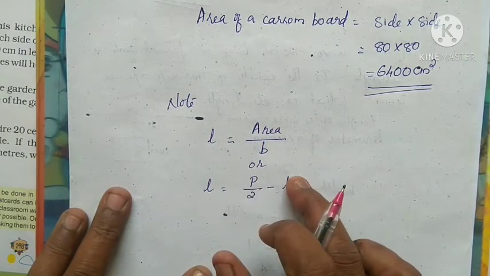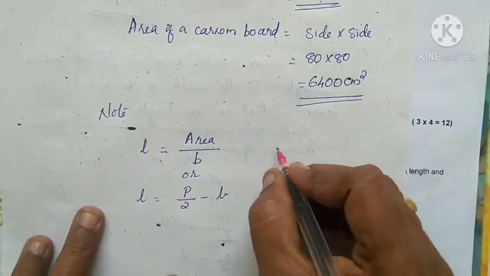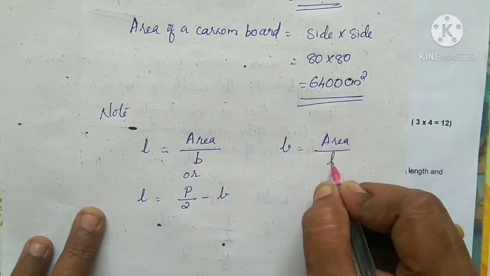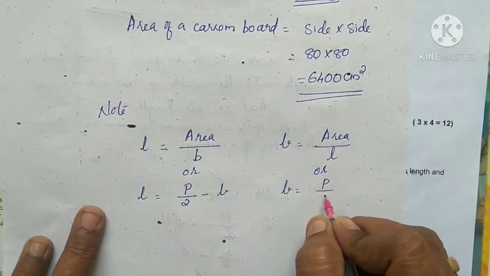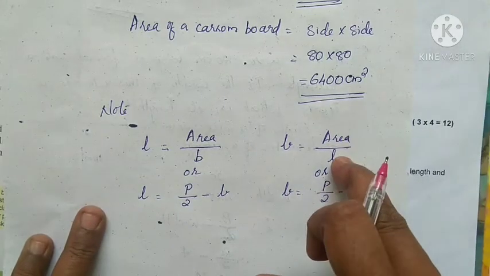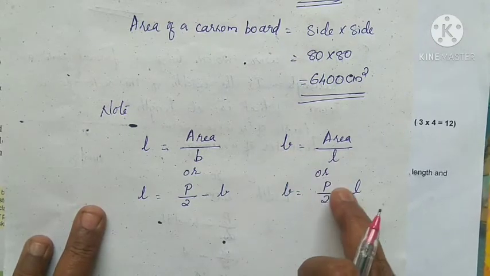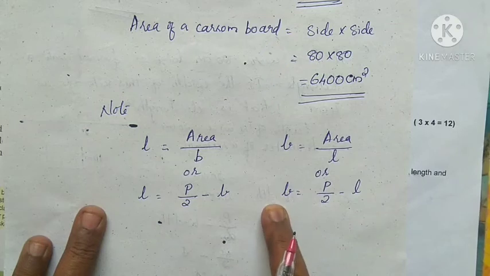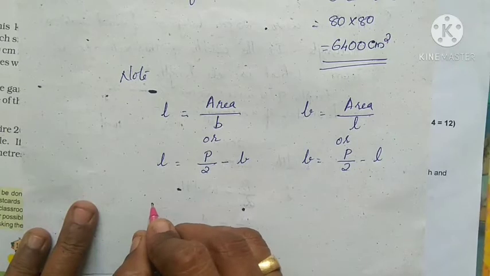If the perimeter and breadth are given, we use the second formula. Another option, breadth. Area divided by length. Or another option, breadth is equal to perimeter divided by 2 minus length. If the area and length are given, we use the first formula to find out the breadth. If the perimeter and length are given, we use the second formula to find out the breadth.